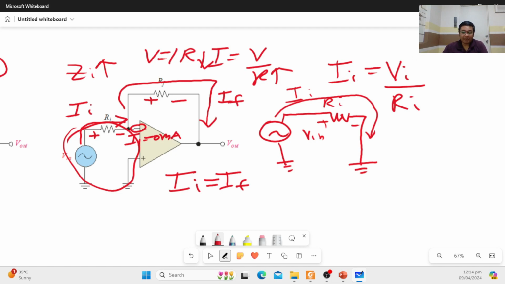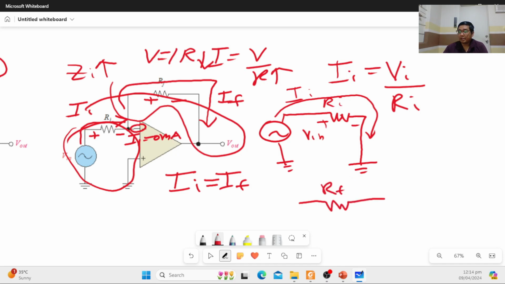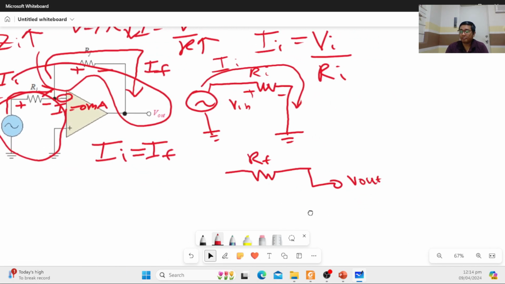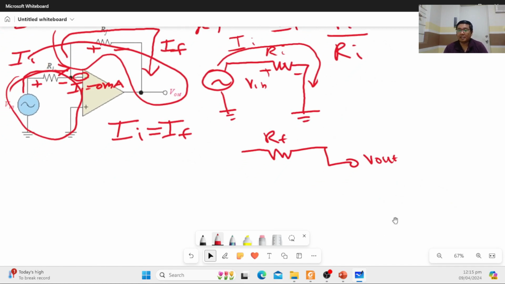How about IF? So ito naman, itong part na to, yan. So let me redraw that part. So we have RF, and then this is your V out. So nire-redraw ko lang yung input and feedback paths natin, no? And then yung left side ng ating RF is connected to your virtual ground. That's why parang meron tayong ground dun sa kaliwa ng ating RF.